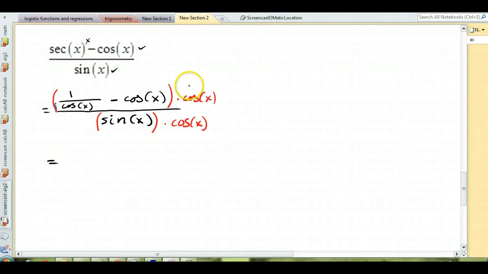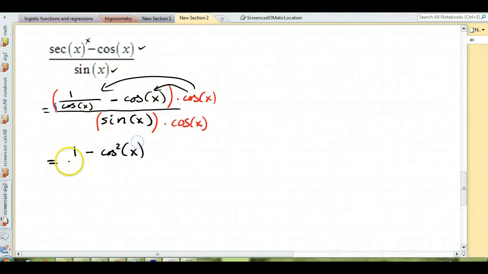So what is that equal to? Okay, you have to distribute here, right? You distribute. So it is 1 minus, so cosine times 1 over cosine is 1. 1 minus cosine square, don't forget to put the square right here, over sine times cosine. Okay, what is going on here? Let me look at it.